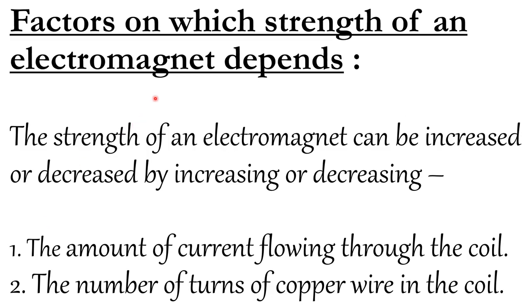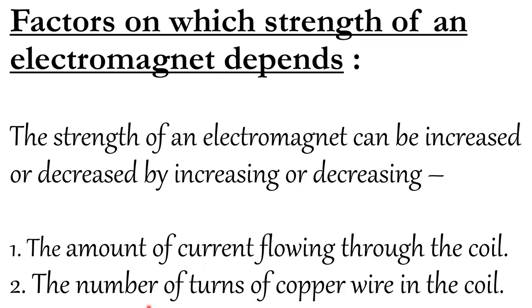Factors on which the strength of an electromagnet depends. Students, the strength of an electromagnet can be increased or decreased by increasing or decreasing the following. Pay heed to all the points. Number 1, the amount of current flowing through the coil.